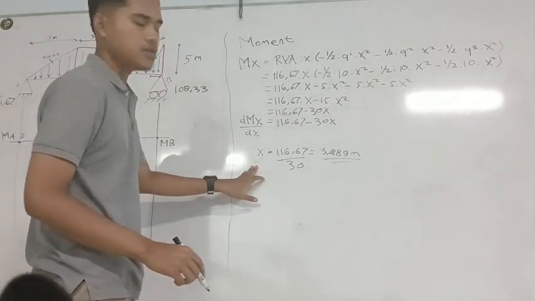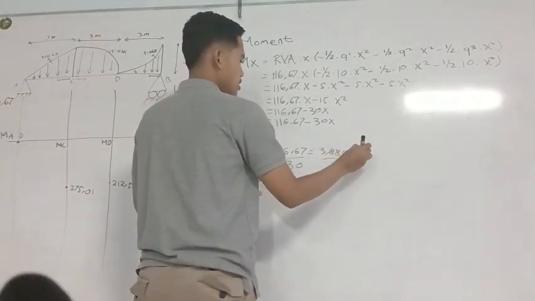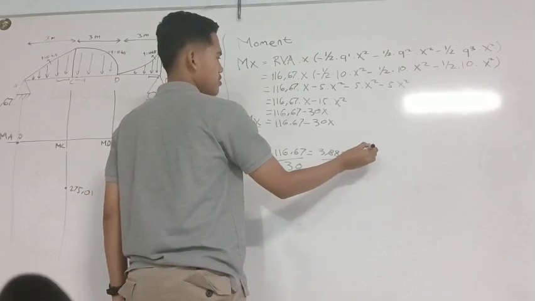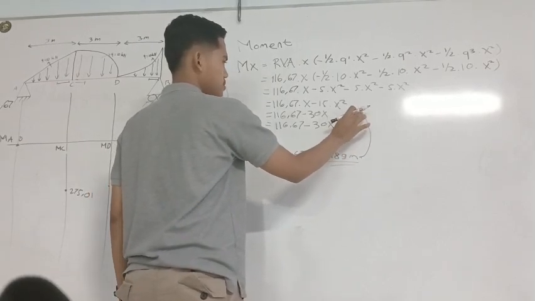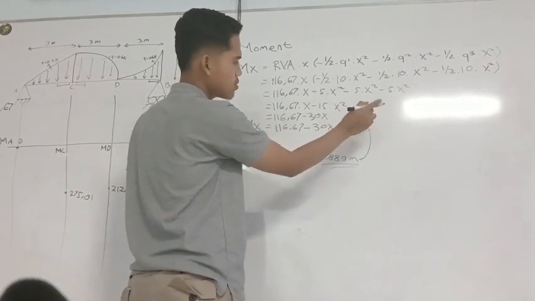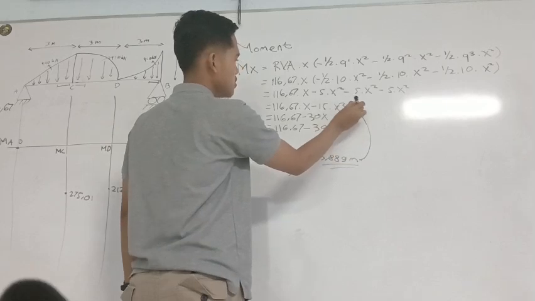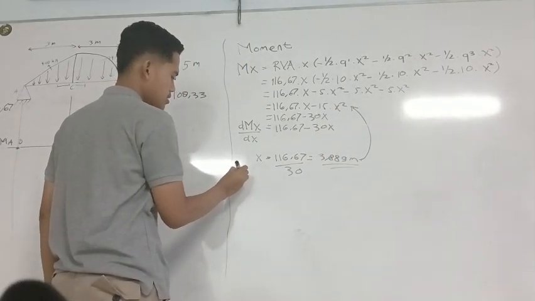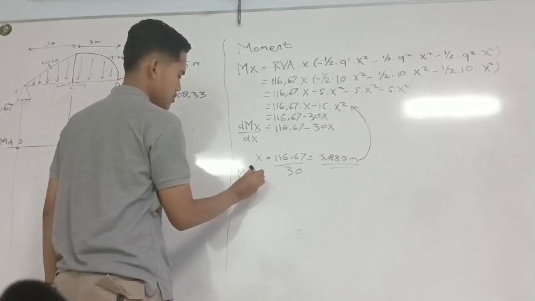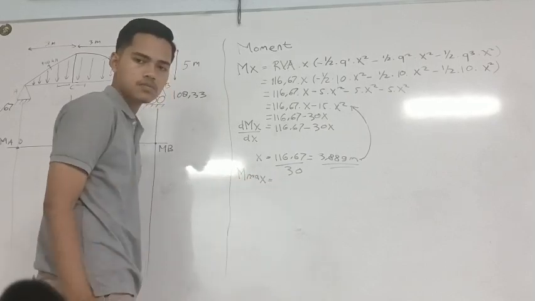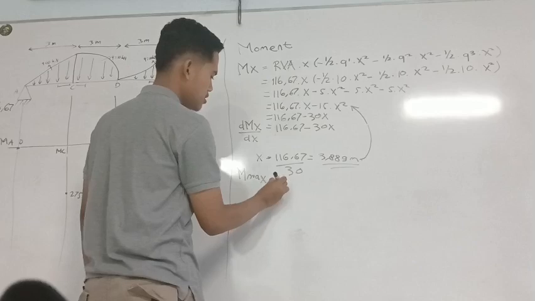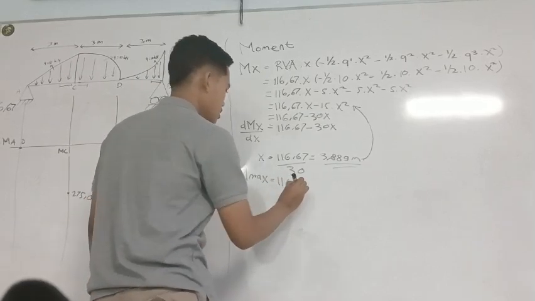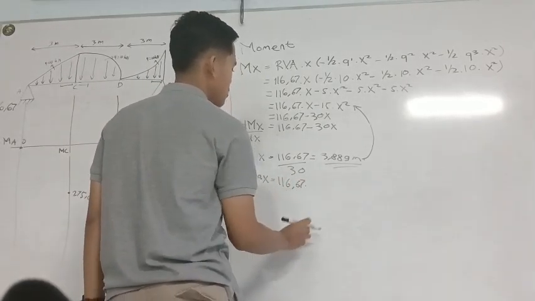And then we substitute this value to this formula. So the Mx equal to 116.67 times x.